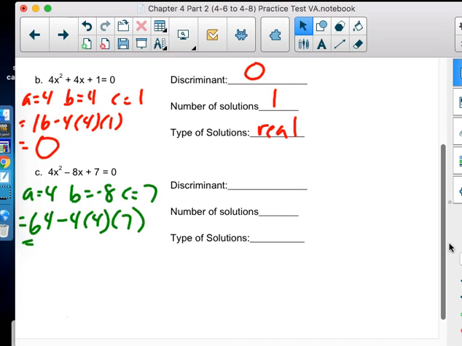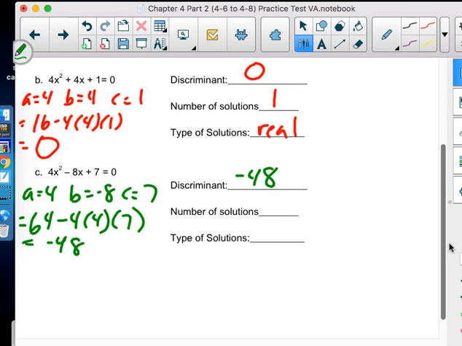So again, you could just do parentheses, negative 8, parentheses squared, minus parentheses 4 times 7. Negative 48. How many solutions? 2. What type?